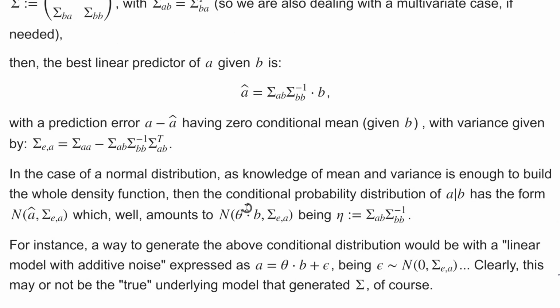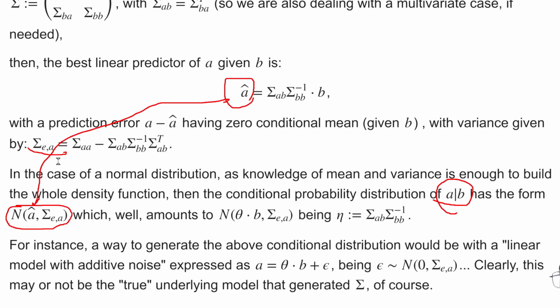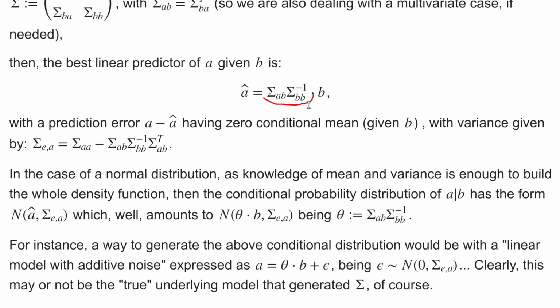If we now consider the normal distribution case, let's say, then if I know the mean and the variance, I can express the conditional distribution of A given B as a normal of mean hat A and variance sigma EA, the error of A. So if I name that thing as theta, then the conditional distribution would be a normal of mean theta B and this variance.